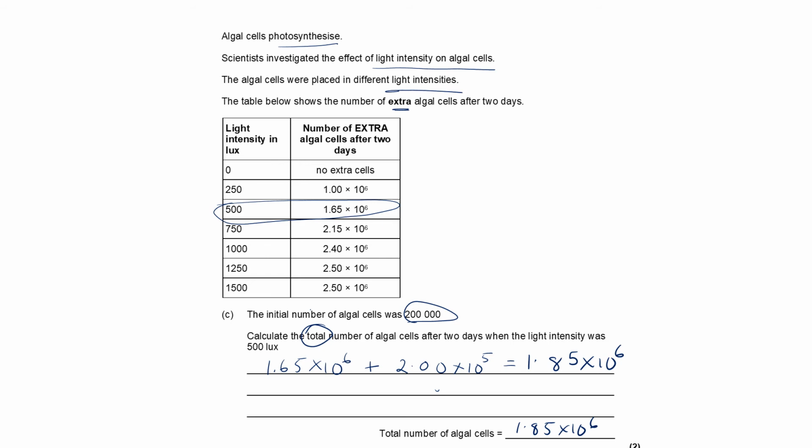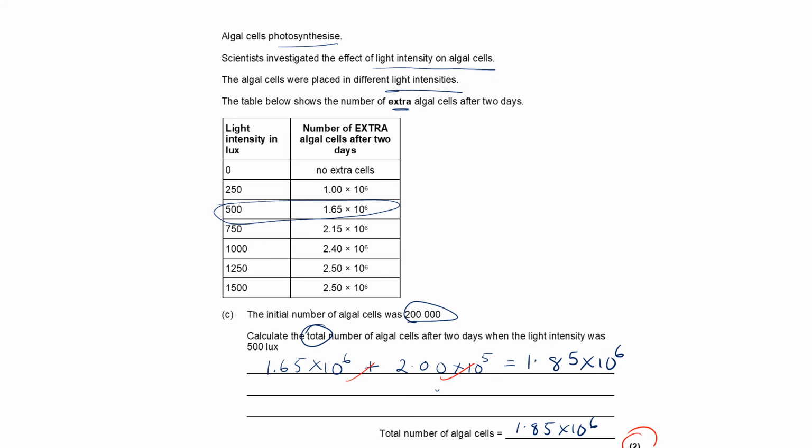And that was 1.65 times 10 to the power of 6. And I add that to my 200,000, which I have also converted into standard form just to make it easier. Less chance of me leaving off a 0. And I calculate the sum of that and I get my answer, which is 1.85 times 10 to the power of 6 cells. And obviously checking the mark scheme, I can see that I've got that right.